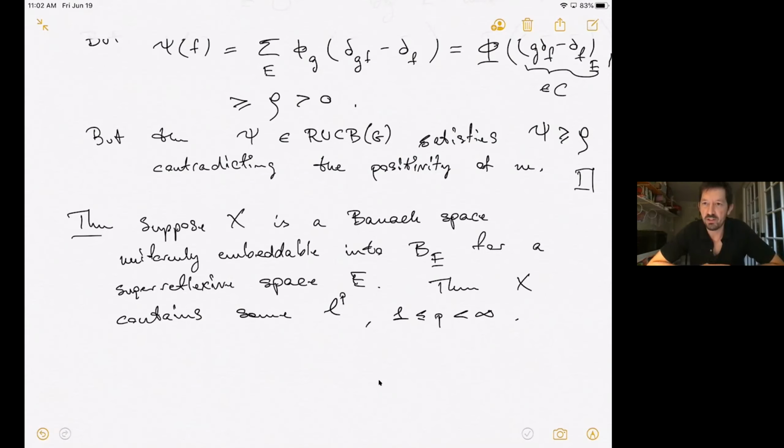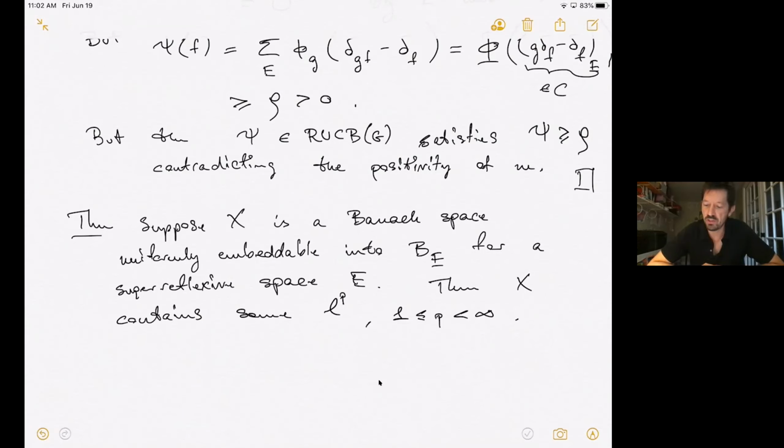It's an abelian group, so it's amenable. So from this Banach space, if you have a uniform embedding into B of E, you can actually get X to act on a super-reflexive space by linear transformation, so by linear isometries.